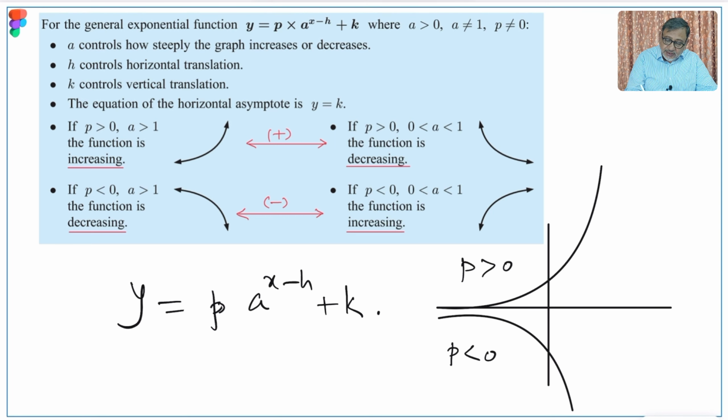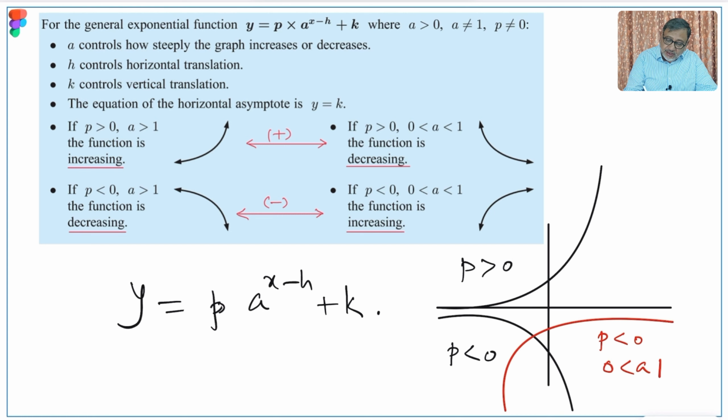Now when p is less than 0 and a is between 0 and 1, then your graph will be something like this. P is negative, and a is between 0 and 1.